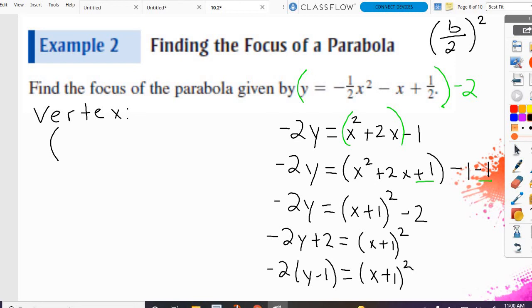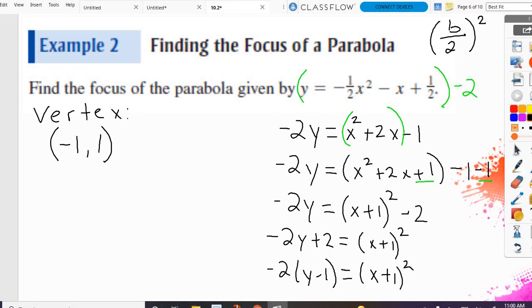Negative 1, 1. Because remember, it's the opposite side of whatever's on the inside. My h is still with my x, and my k is still with my y. So it would be a negative 1 and then a 1.